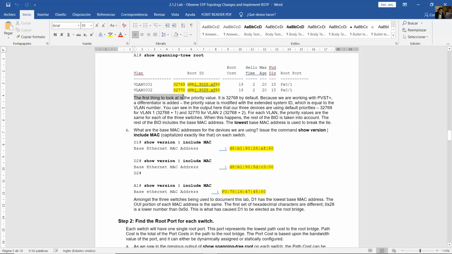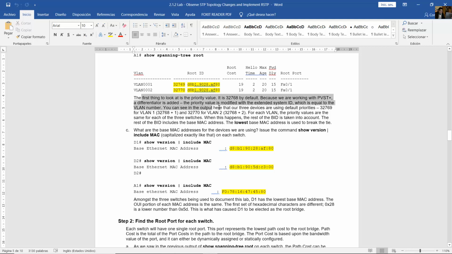The first thing to look at is the priority value. It is 32,768 by default. Because we are working with per VLAN spanning tree plus, a differentiator is added: the priority value is modified with the extended system ID, which is equal to the VLAN number.